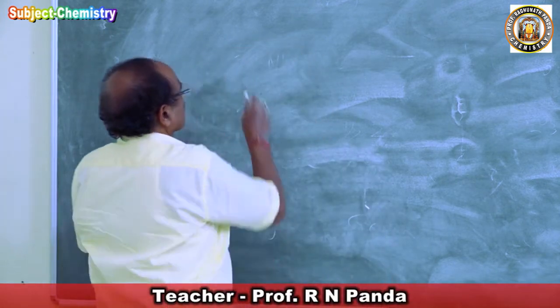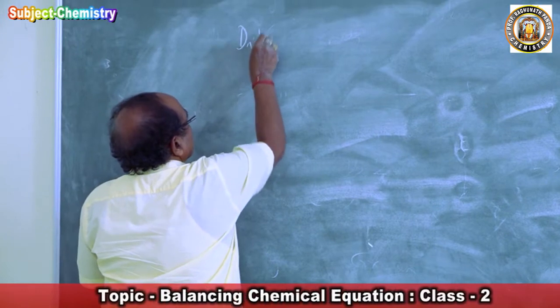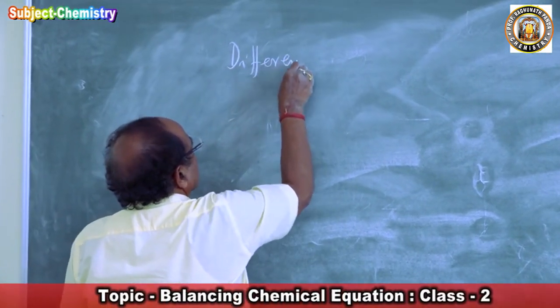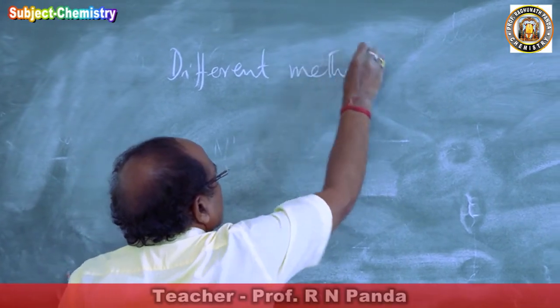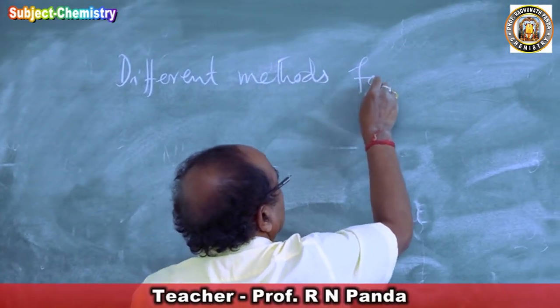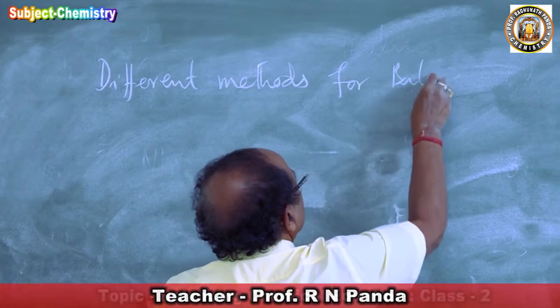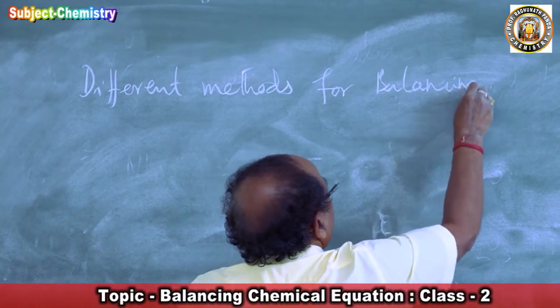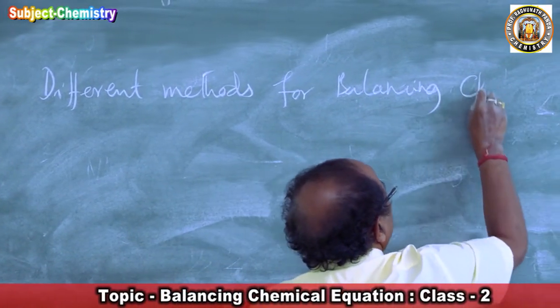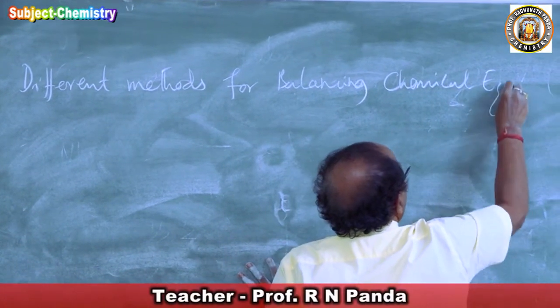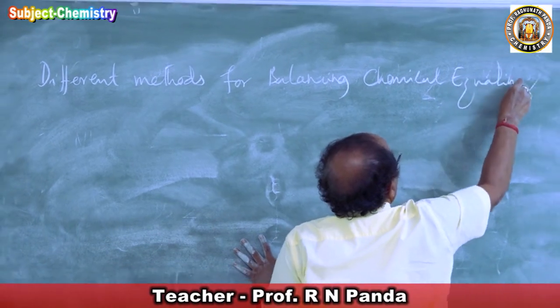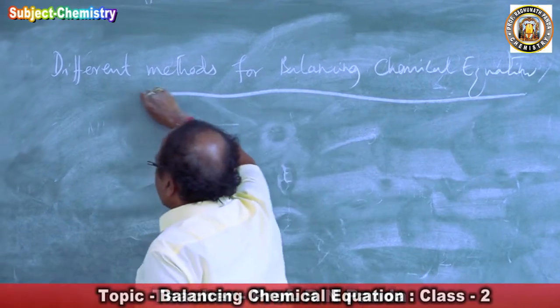So the different methods for balancing chemical equations depend upon the type of chemical reaction.